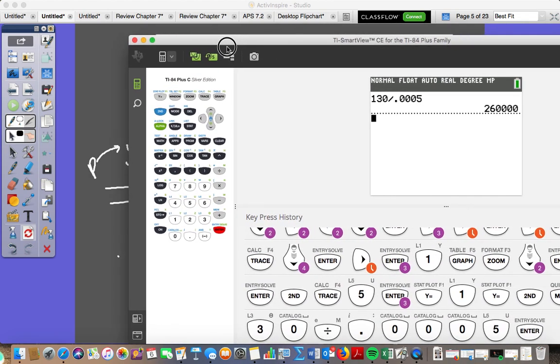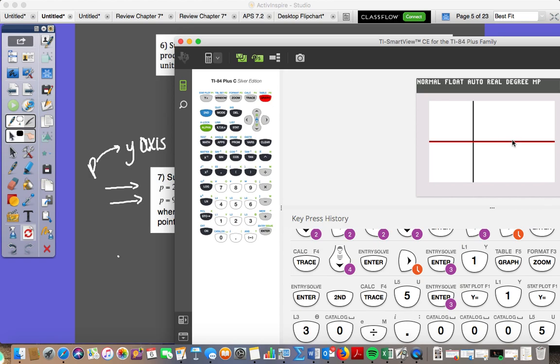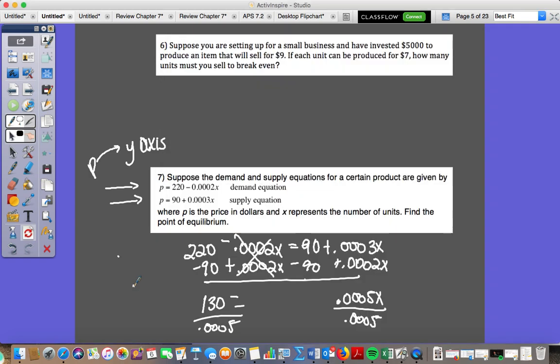Because as you can see, you have 260,000. That means that this point will actually intersect over here at 260,000, which is very, very large for x at the amount that I would have to sell to be at a point of equilibrium, right, for my supply and demand.